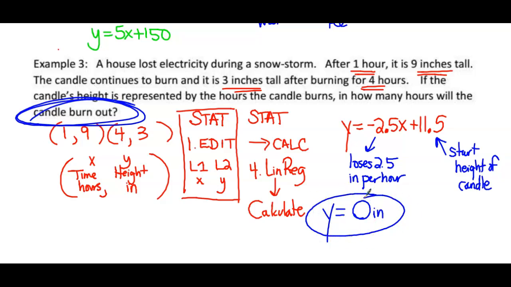So I want you to go on your graphing calculator and find where the Y would be 0. And it's not exact. So between what two amounts of hours is the candle's height 0? It's between 4 to 5 hours.